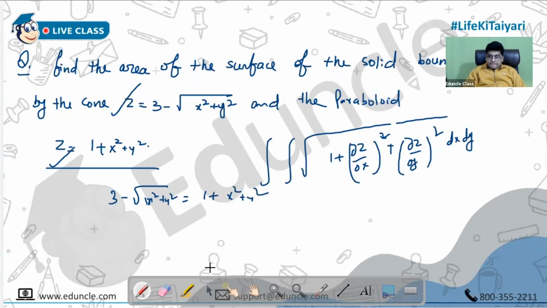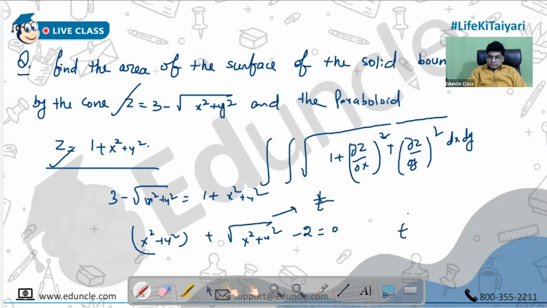Okay. So x square plus y square plus ... minus 2 is equal to 0. So let us take under root x square plus y square as t. So this comes. Find the solution.